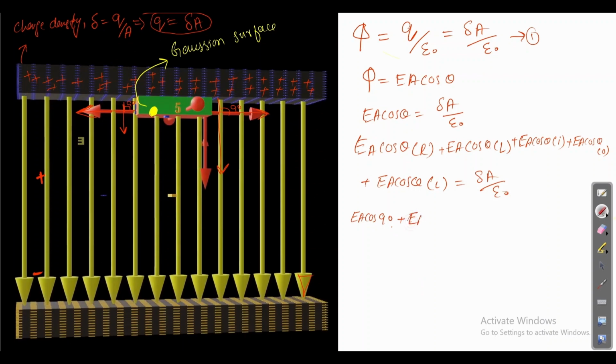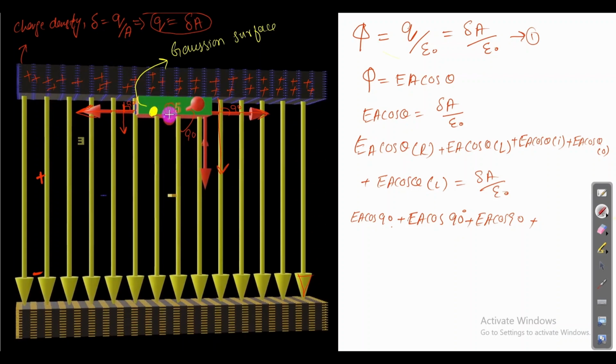So it becomes EA cos 90, plus, I consider this side. Here the direction of the area is perpendicular to it, toward us, and the electric field line is toward the lower side, so the angle is 90 and I write EA cos 90. Now I consider the inward side.